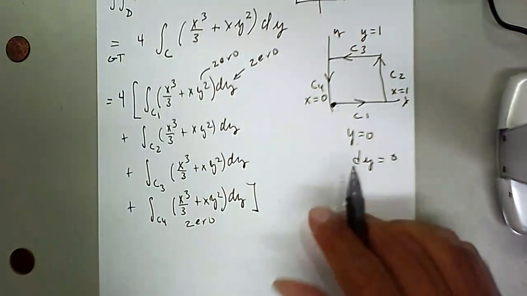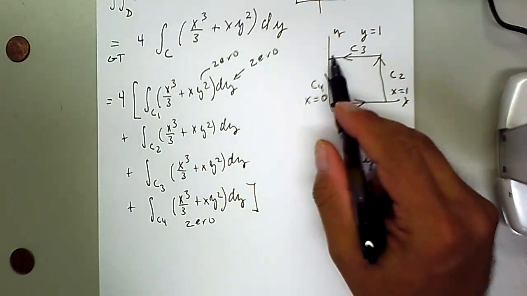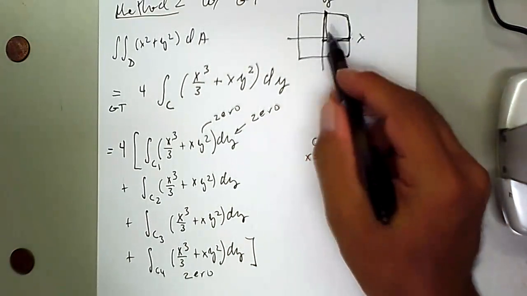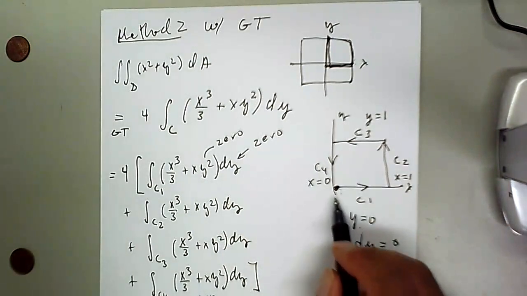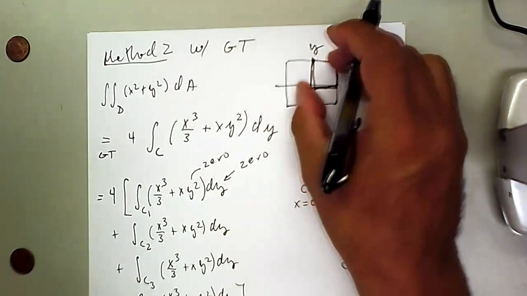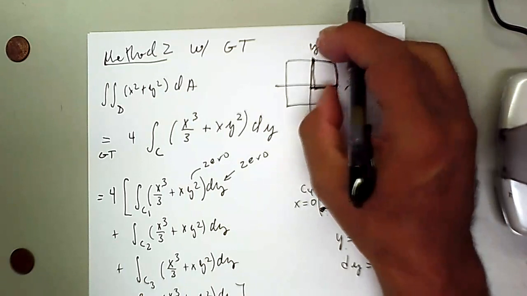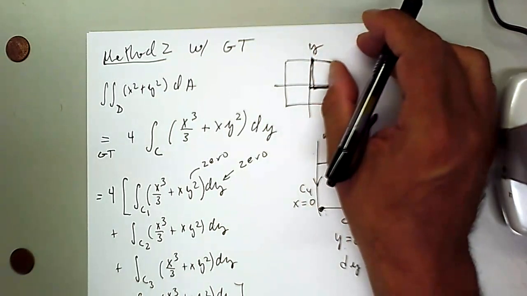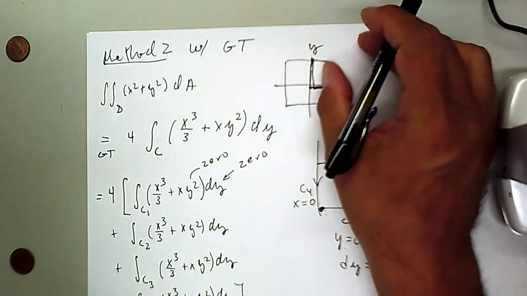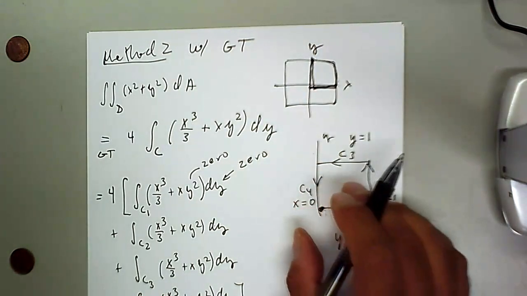Okay. We're lucky that we are on the x-axis and on the y-axis, because then one of the variables is going to be 0. But if this region was shifted off, so that neither the x-axis nor the y-axis were in any part of the boundary, then that would not be true.